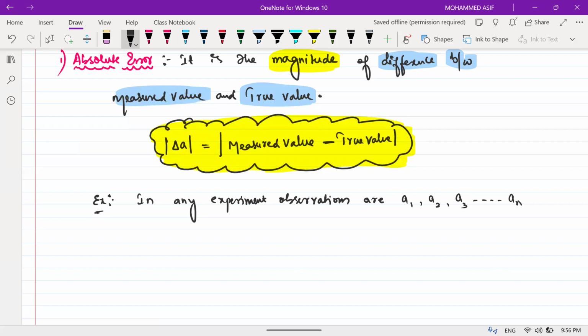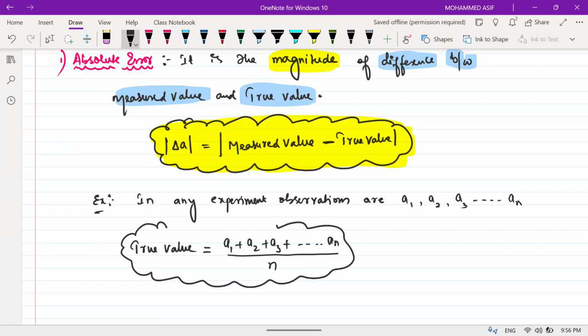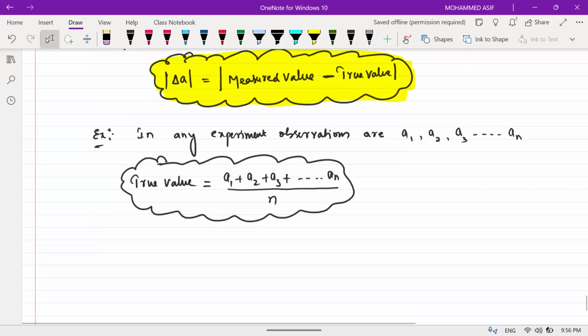Then what will be the true value? How do you calculate the true value? True value is always equal to the mean: A1 plus A2 plus A3 and so on up to AN, divided by N. This is how you calculate the true value. Got it?